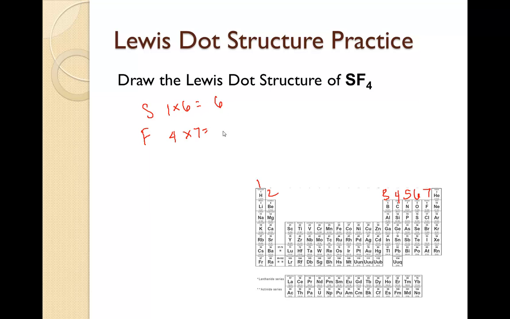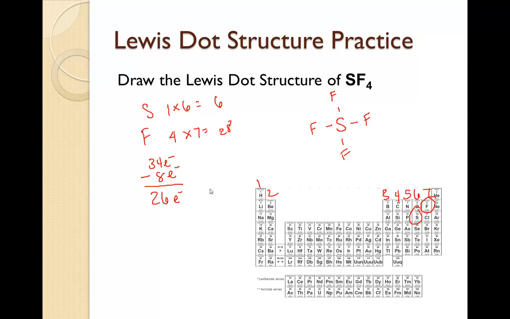So 28 plus 6 is a total of 34 electrons. Alright, now the next step is to put the least electronegative element in the center. Sulfur is the least electronegative. And then we put the others around it. That is a total of 8 electrons we just used. Subtract that out from the total, and we need 26 more.